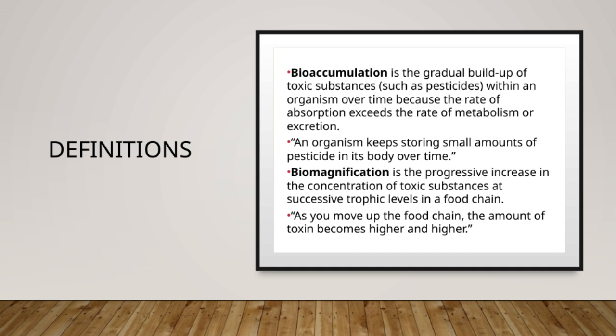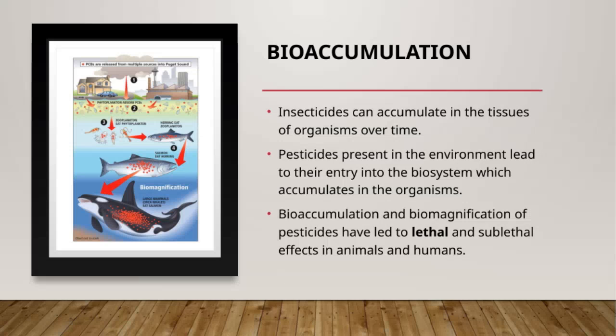In fact, at each successive trophic level, the toxin amount gets higher and higher. Both bioaccumulation and biomagnification highlight how toxic substances can become more concentrated and potentially more harmful as they move through ecosystems. This is a critical concept in understanding environmental health and the impacts of pollutants on both wildlife and humans.